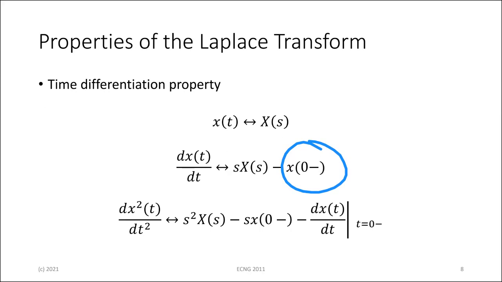Did it have an initial condition? And then the second order derivative, d²x/dt², was s²X(s) minus s x(0 minus), the initial condition, minus dx/dt evaluated at t equal to 0 minus.